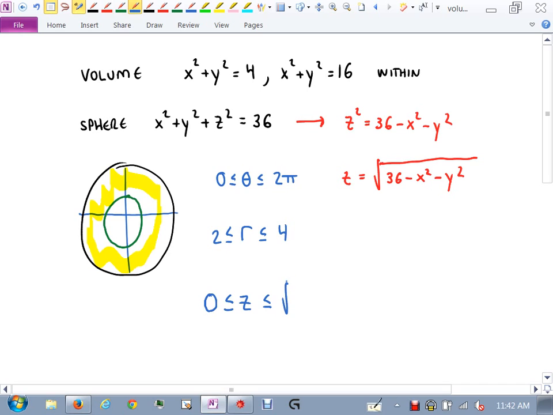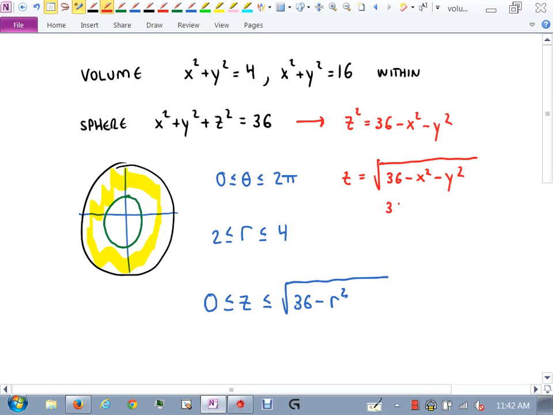So this is going to become 36 minus r squared. What? What happened? Yeah, we can't have x and y's in our thing, right? And it just so happened that it really works out great, doesn't it?